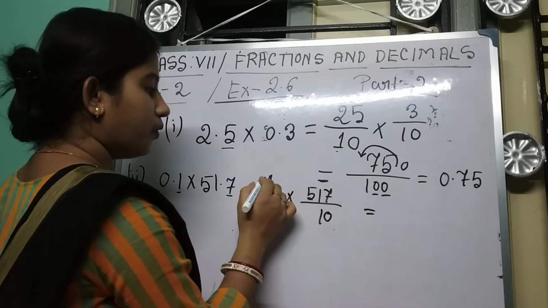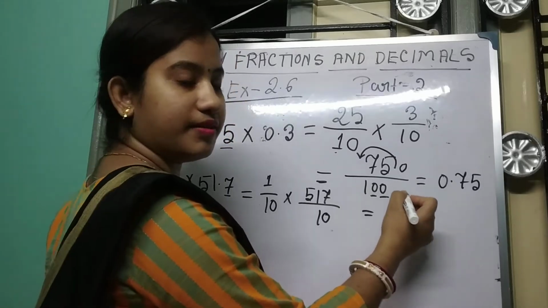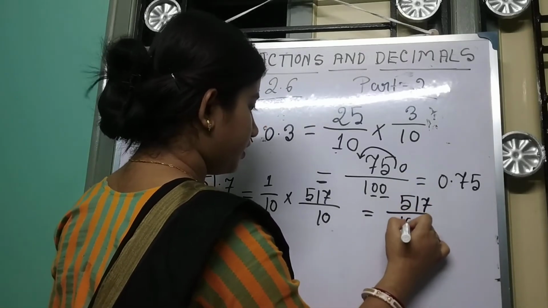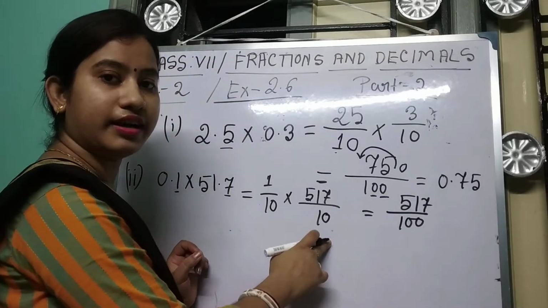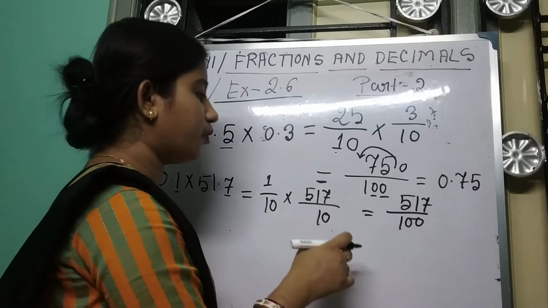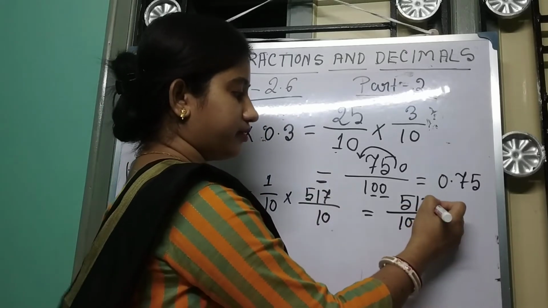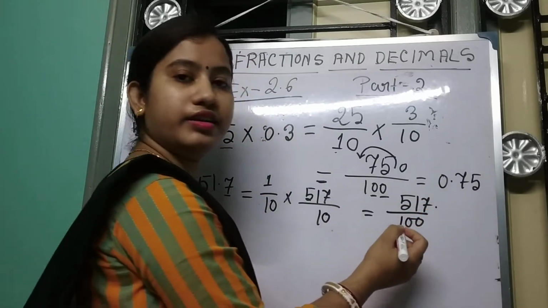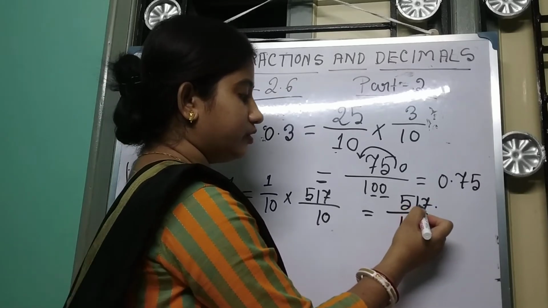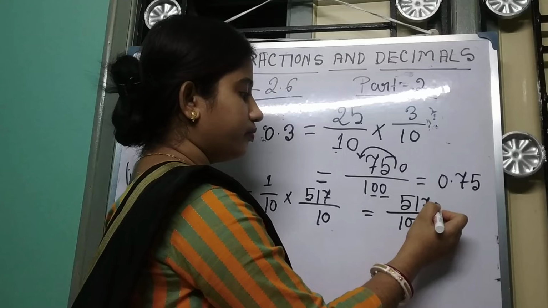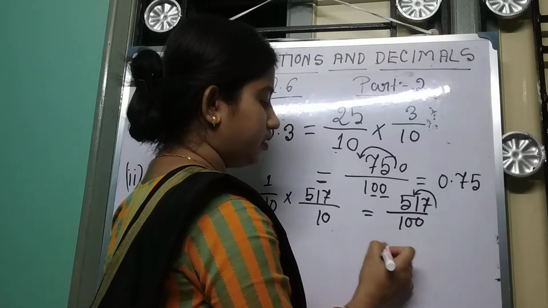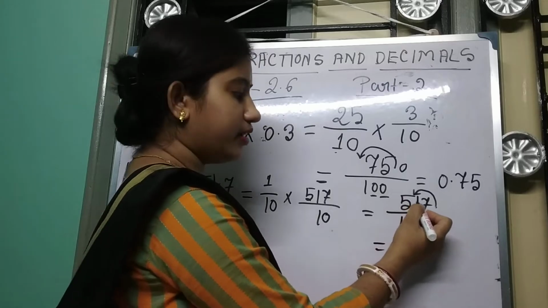So we get 1 into 517, that means 517 by 100, since 10 into 10 is 100. In a similar way to number 1, we shift the decimal point by 2 places to the left. Now you get 5.17.